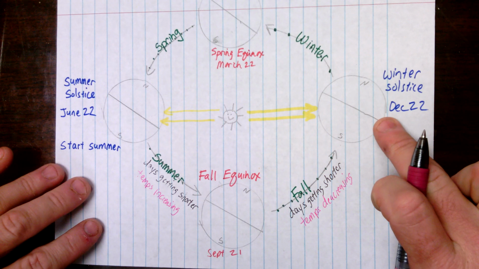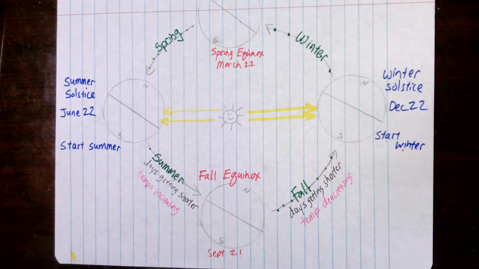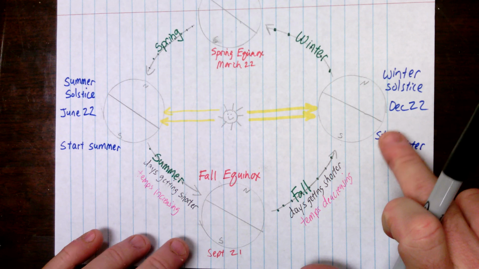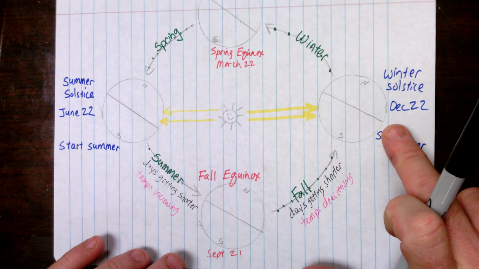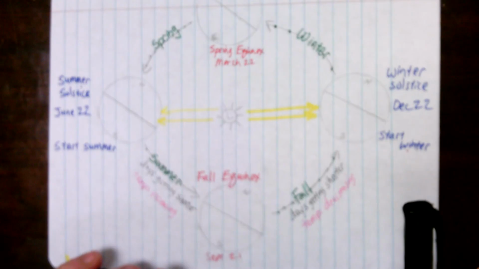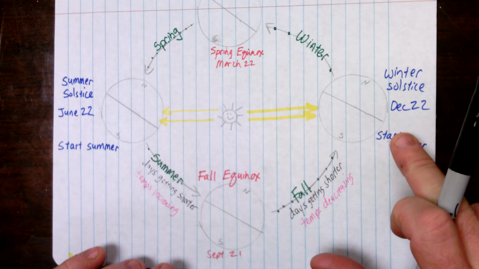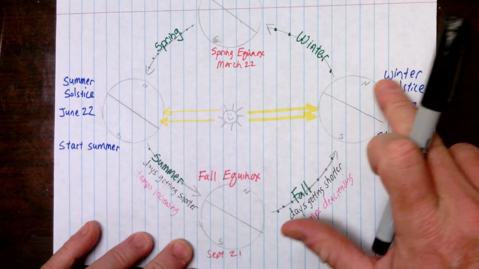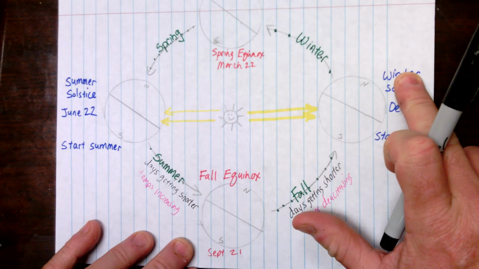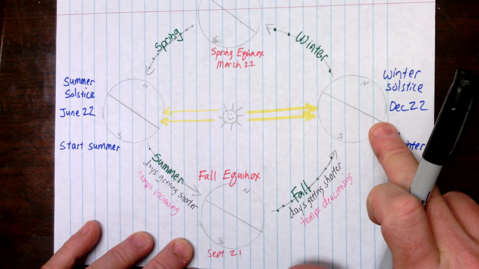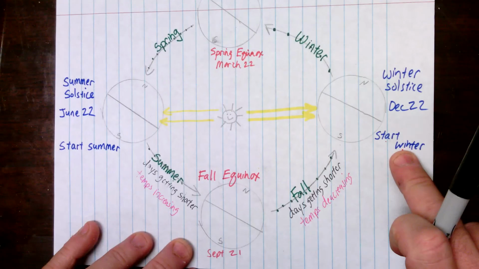This is the shortest day of the year. This is the day it is darkest for the longest. And the sun goes down earliest at night because we're tilted most away from the sun. It's the shortest day of the year when we start winter.